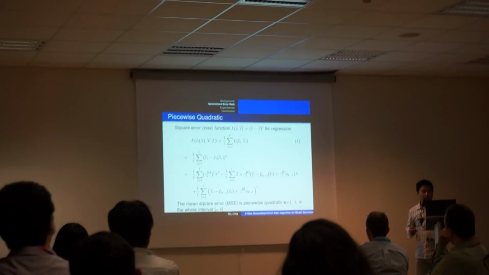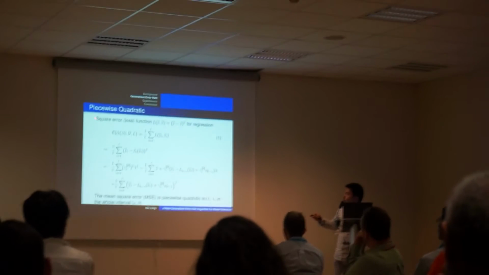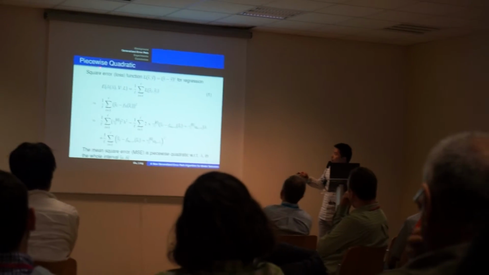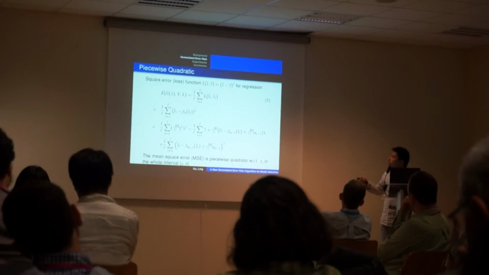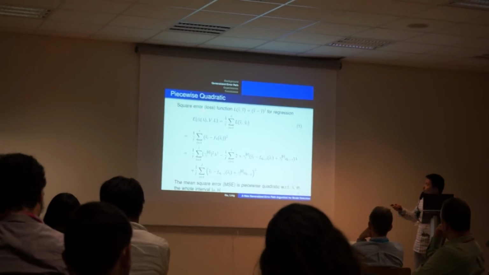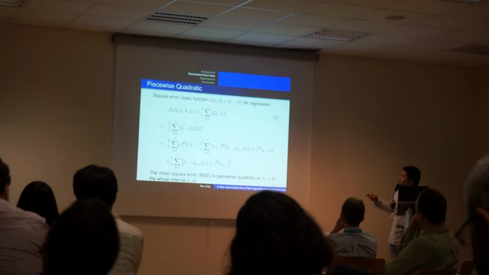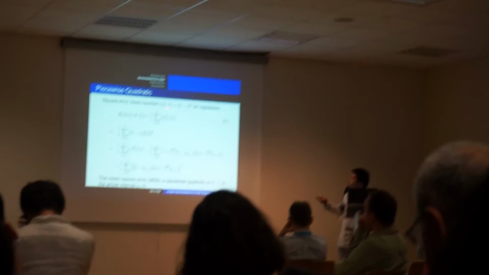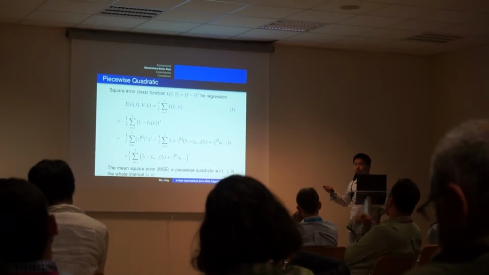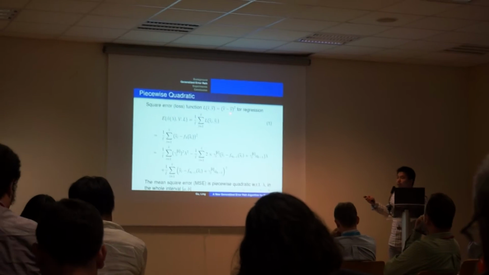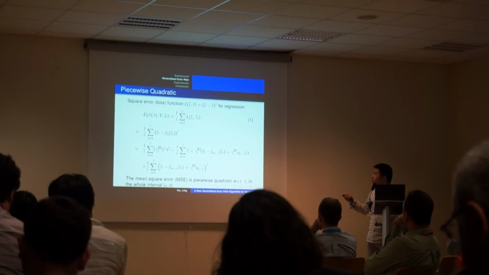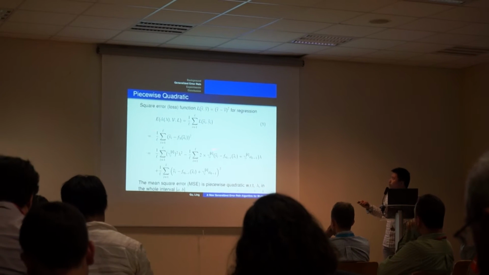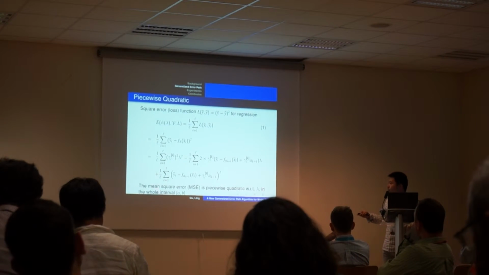We first consider the case where the error path is piecewise quadratic. We consider the square error function for regression, where y is the true value of the input and y hat is the predicted value of the input. We want to compute the mean square error.